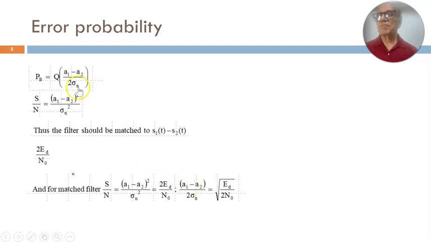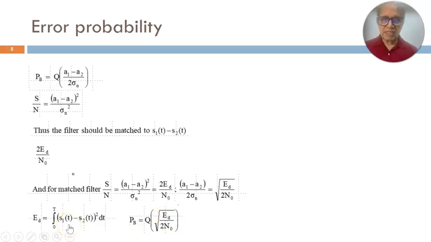So now this parameter can be expressed in terms of the energy of the difference signal. And what is the energy of the difference signal? That is (S1(t) minus S2(t)) whole squared integrated from 0 to T. And in that case, the bit error probability is given as Q of square root of ED upon 2 N0, where ED is given by this.